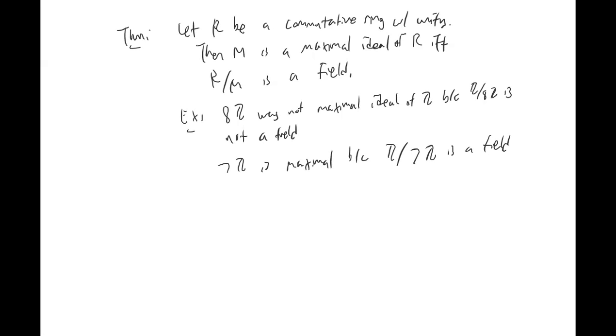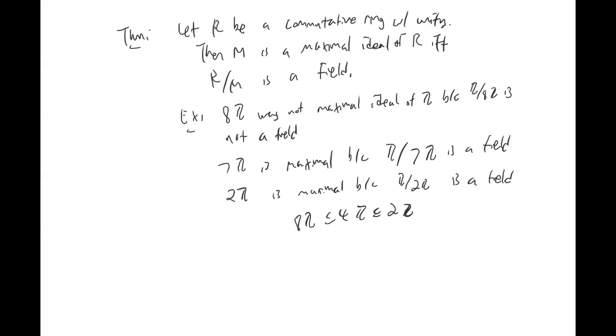Normally you only think of one maximum, but there could be lots of maximals. 2Z is maximal because Z quotient 2Z is a field. 3Z is maximal too. It's for those that can be compared: 8Z was contained in 4Z, which is contained in 2Z.